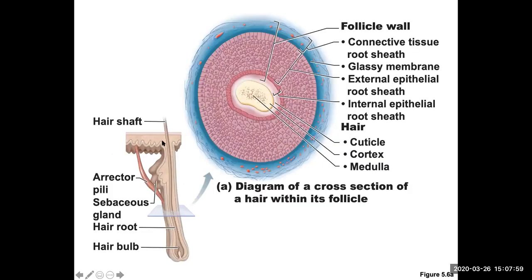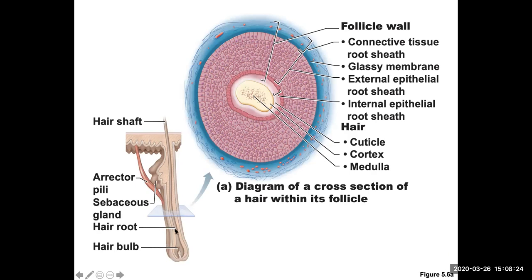Okay, so this little pink line right here is your epidermis, okay? This underneath here, all of this really, I suppose, is meant to be your dermis, okay? So this guy here is one of your hairs, and it goes all the way down to a bulb.